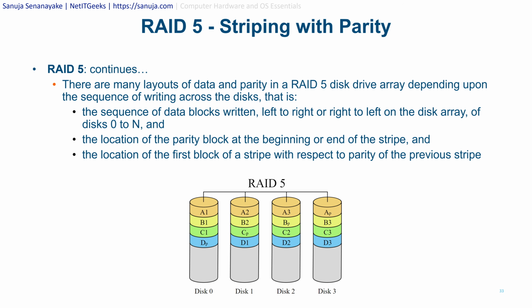Those include the sequence of data blocks written left to right or right to left on the disk array, from disk n to disk 0, to the nth number of disks. For example, the data can be written this way, starting from disk 0 and then going to the nth disk. Also the location of the parity block at the beginning or the end of the stripe, and the location of the first block of a stripe with respect to the parity of the previous stripe.